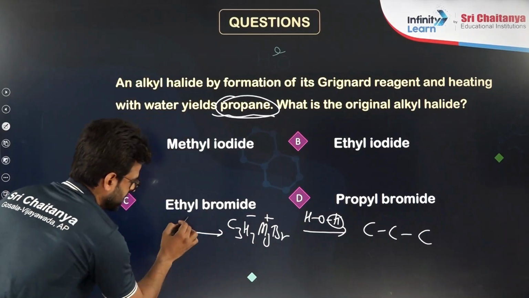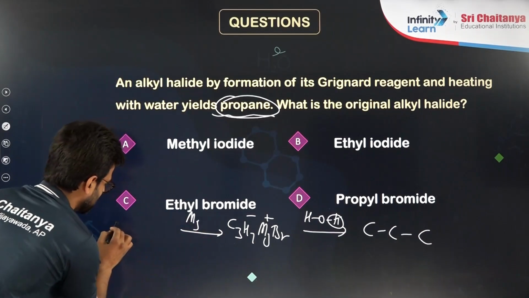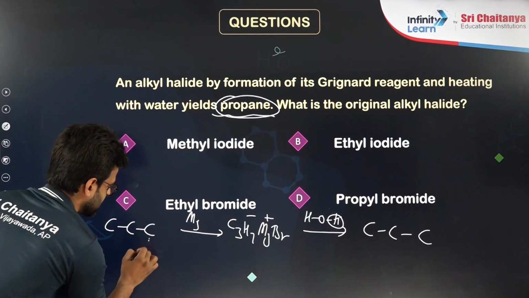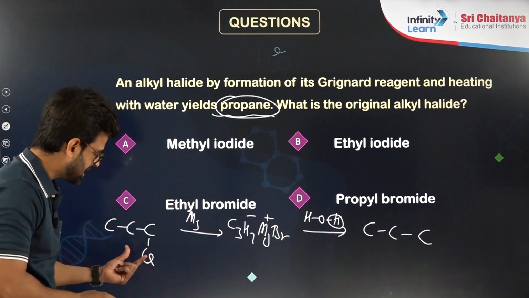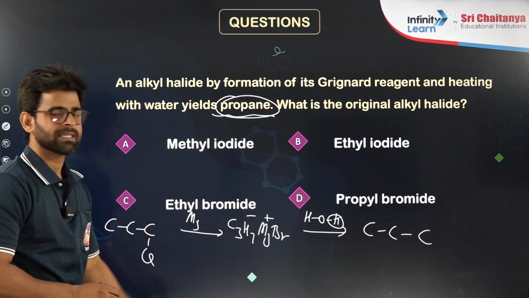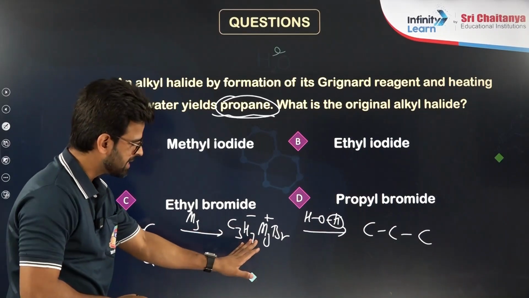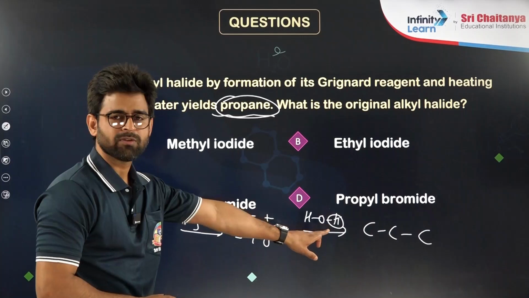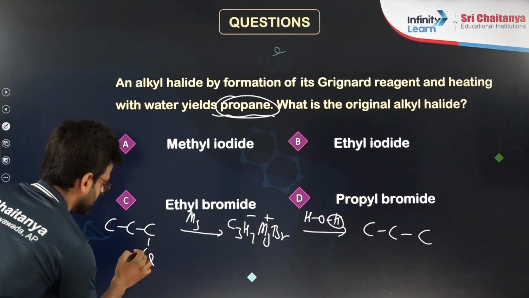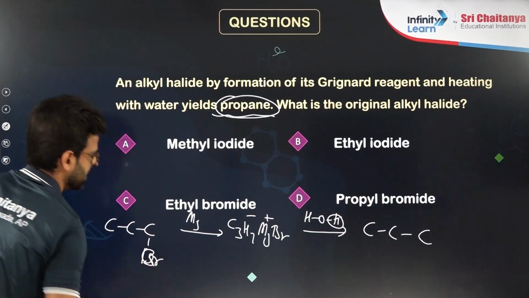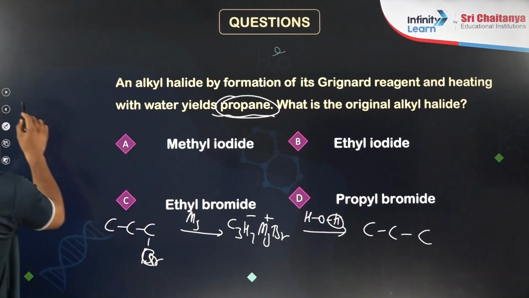If I am using magnesium here, I should have a 3 carbon compound, or I will say propyl chloride or propyl bromide. From this I will make Grignard reagent. This Grignard reagent will take hydrogen from water and will make propane, okay? Bromide or chloride you can say here, whatever they have given, right? Clear? Very important reaction once again.